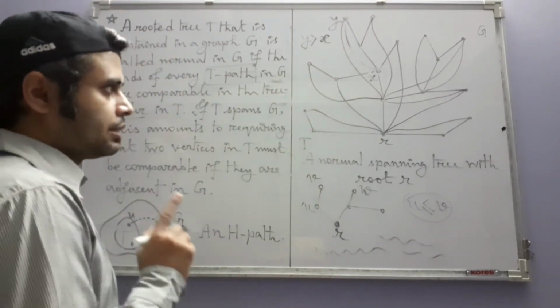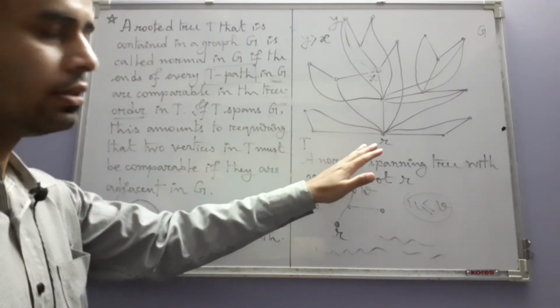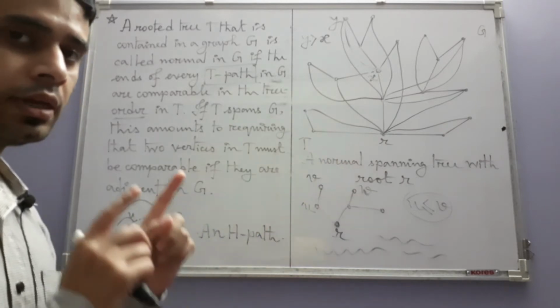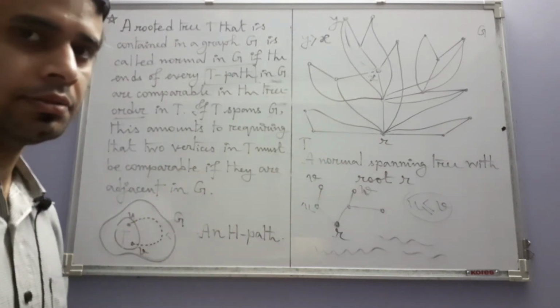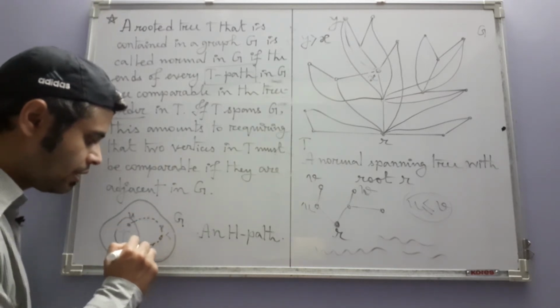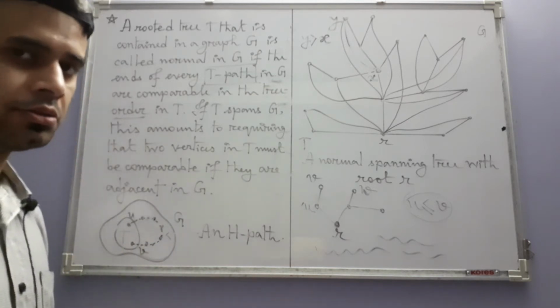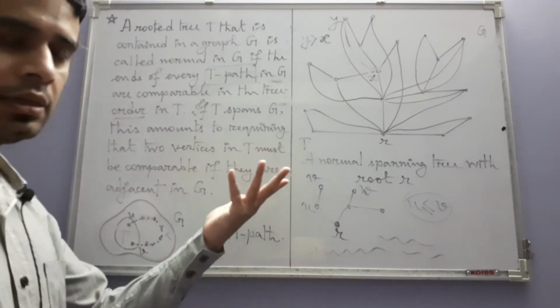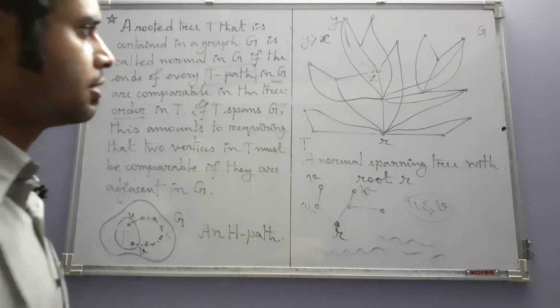Now you can see one thing here, that because the tree we have taken here is a spanning tree, every T path will have only one edge, because there can be no inner vertex. Those inner vertices by the definition of a T path cannot belong to T, but everything here is in T. T is all we have, at least in terms of vertices.